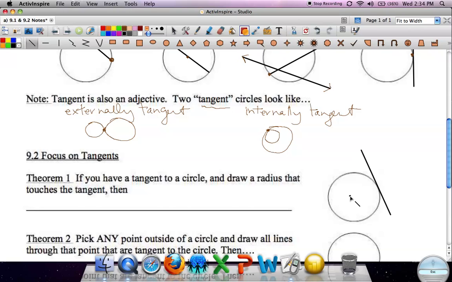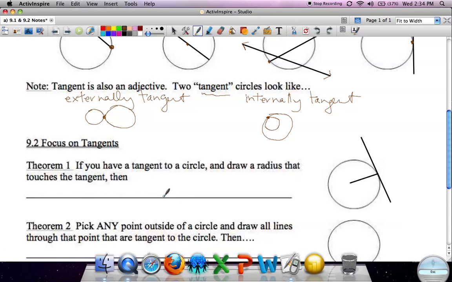So we start at the center and go out. It turns out that the radius and the tangent will be perpendicular. Here's a 90-degree mark right here.